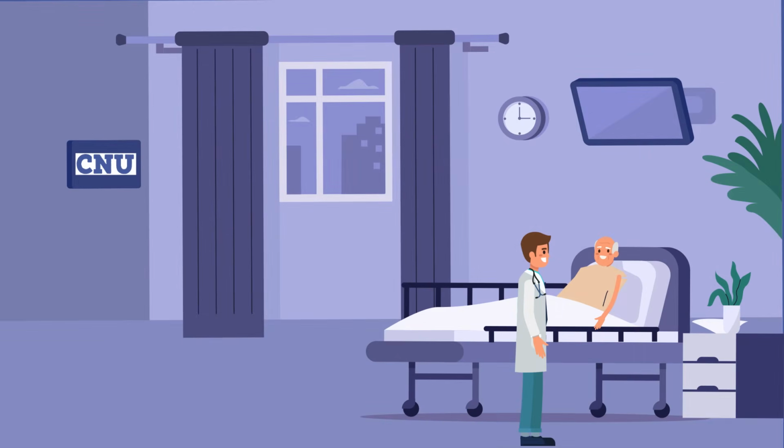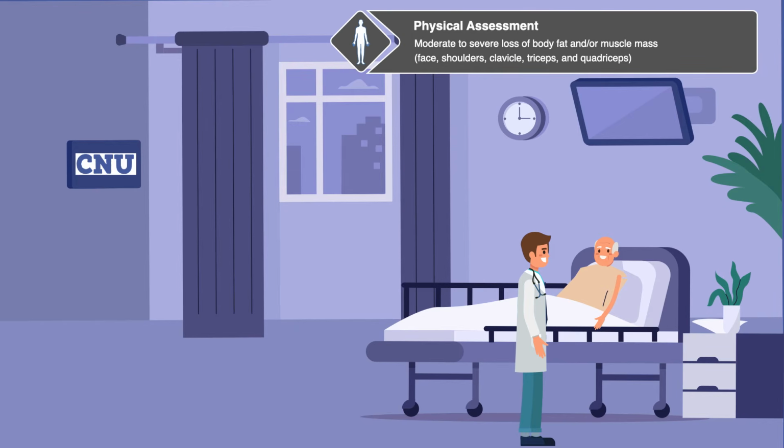Whenever there is a gray area, some of the most important places to look are the patient's physical appearance, recent weight trend, and estimated calorie intake. Signs of poor nutritional status or malnutrition are as follows. For physical assessment, the patient will have moderate to severe fat and muscle loss to areas like the face, shoulders, clavicle, triceps, and quadriceps.